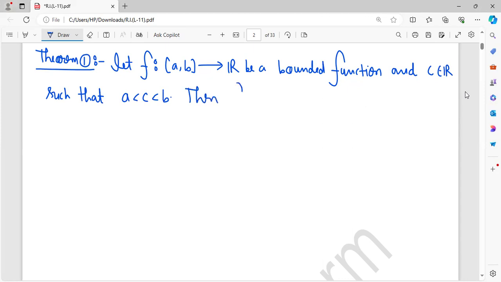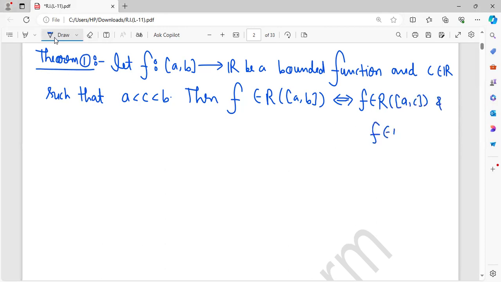Then f belongs to R[a, b] if and only if f belongs to R[a, c] and f belongs to R[c, b].